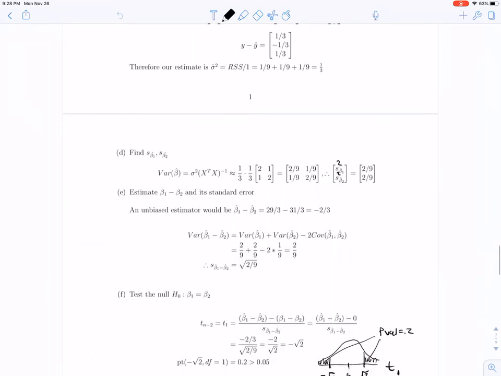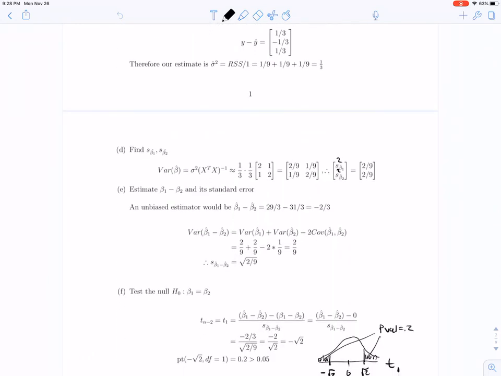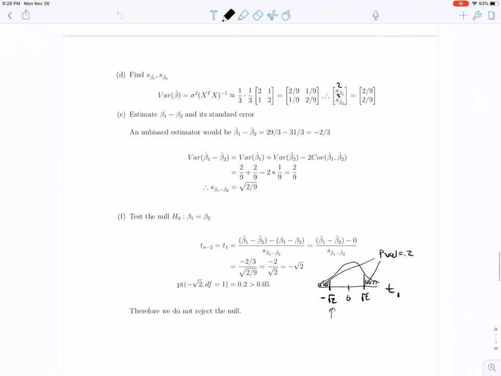Then we can find the standard errors, and this amounts to looking at our variance covariance matrix and picking out the diagonal entries. Then we can find a standard error of the difference.